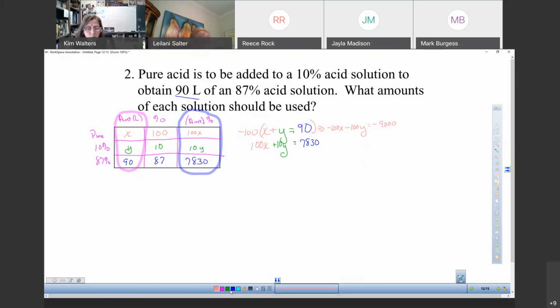My second equation is going to be positive 100x, it's going to stay the same, plus 10y is equal to 7,830.